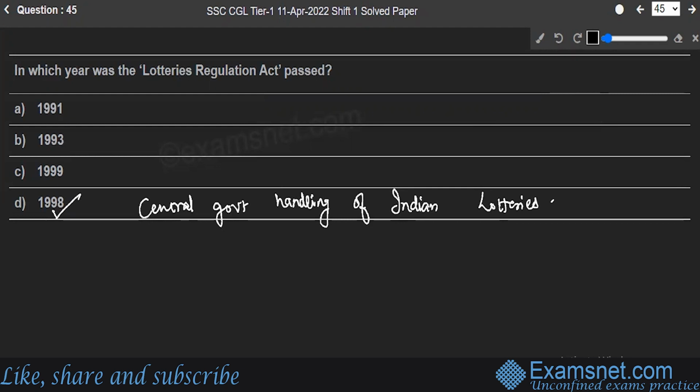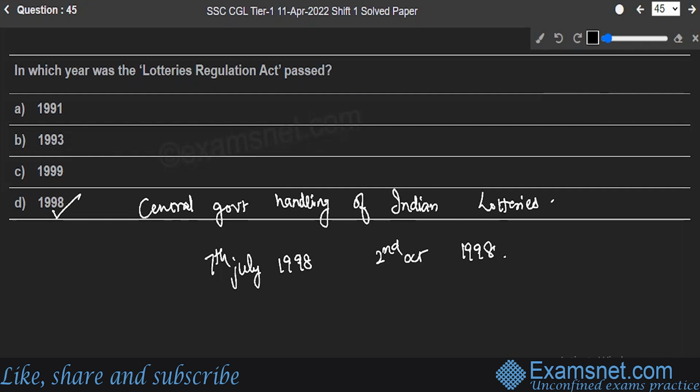This legislation was passed on 7th July 1998 and went into effect on 2nd October 1998. The Lotteries Regulation Ordinance of 1998 is repealed. Furthermore, the phrase bumper draw of the lottery is defined in Section 2A of the Act.